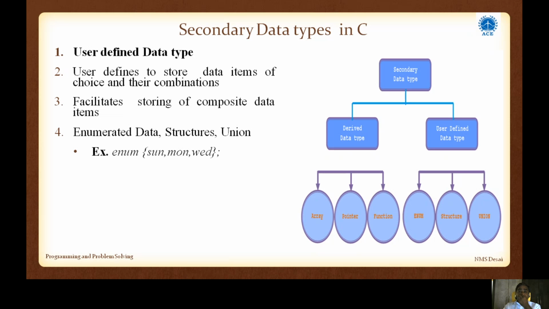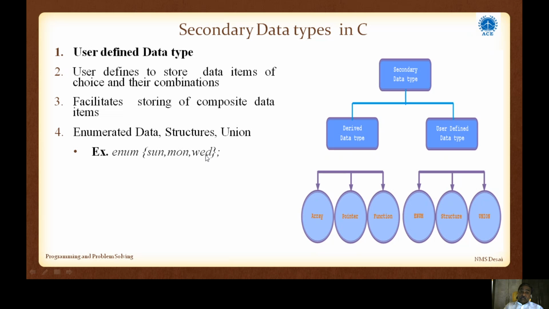Always numbering starts from 0 by default. If we don't want it, we can assign numbers. Here in the example, it is given: enum, curly brace, Sun, Mon, Tue. Now, this is a closed set of three variables, Sunday, Monday, and Tuesday. And Sunday gets number 0, Monday gets number 1, Tuesday gets number 2.